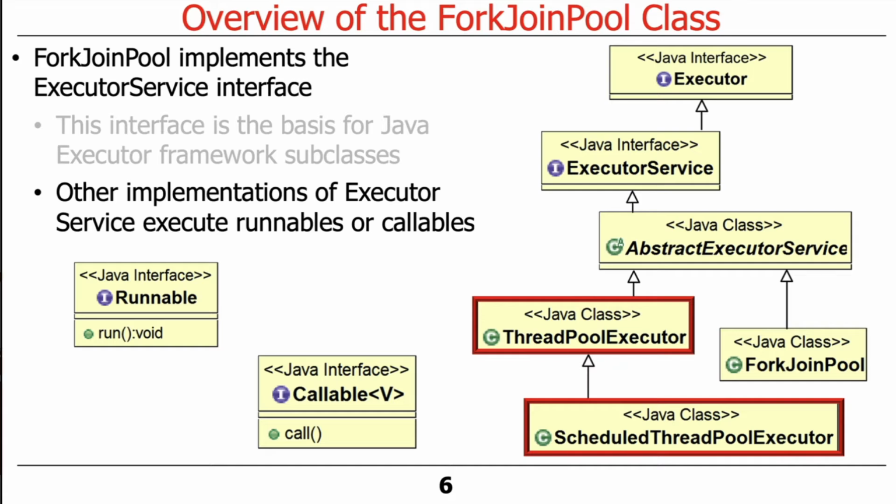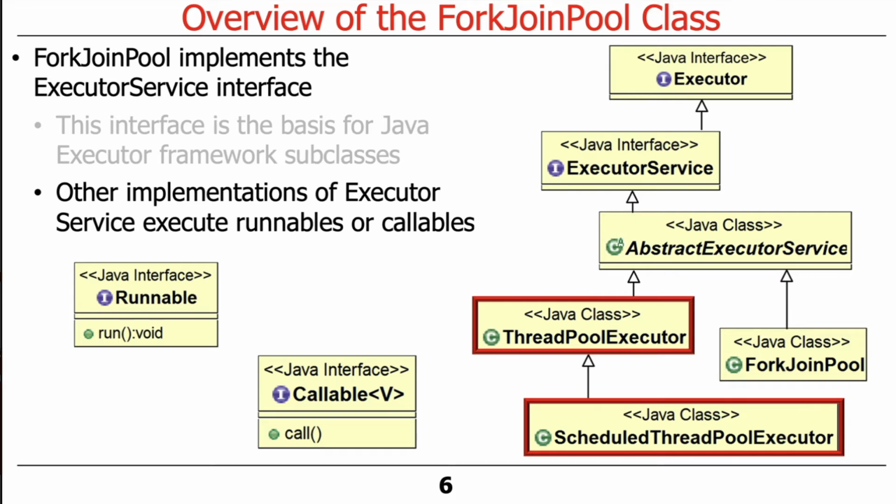There are a number of other implementations of the executor service that are going to inherit from abstract executor service and implement executor service indirectly. These include thread pool executor, which we've talked about before, and scheduled thread pool executor, which I don't think we've talked about yet. And these implementations are used to execute runnables or callables.